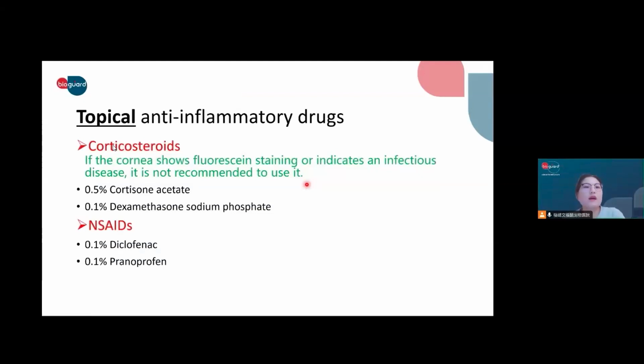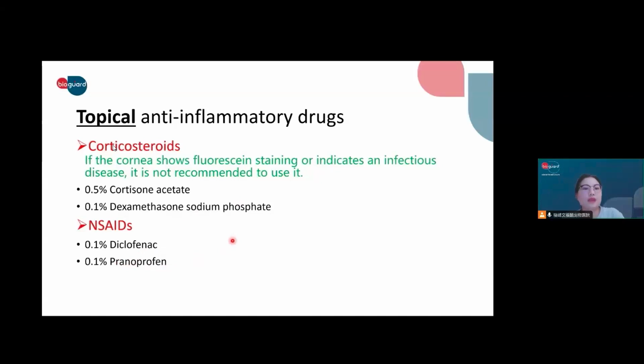As for the symptomatic treatment, basically, we need to use topical anti-inflammatory drugs, including corticosteroids and NSAIDs. We may use cortisone acetate, dexamethasone sodium phosphate, diclofenac, pranoprofen. These medicines are available in China.